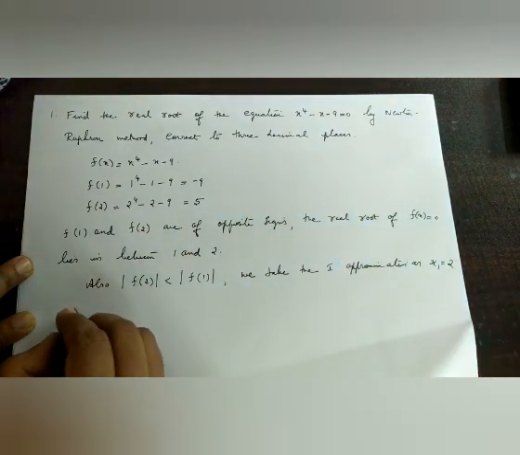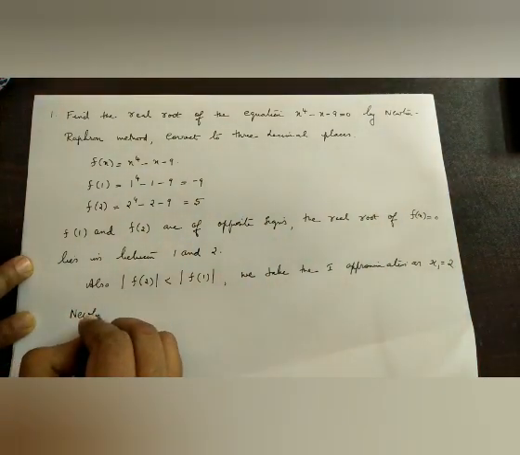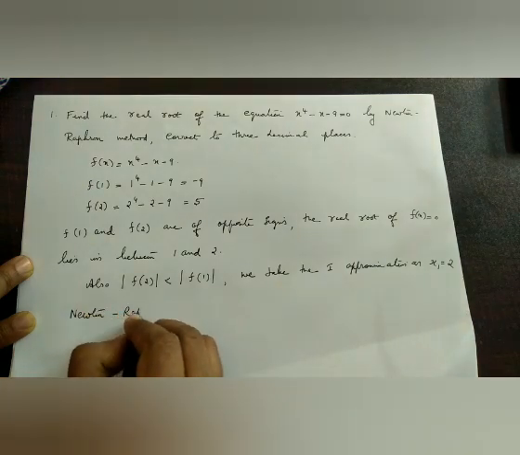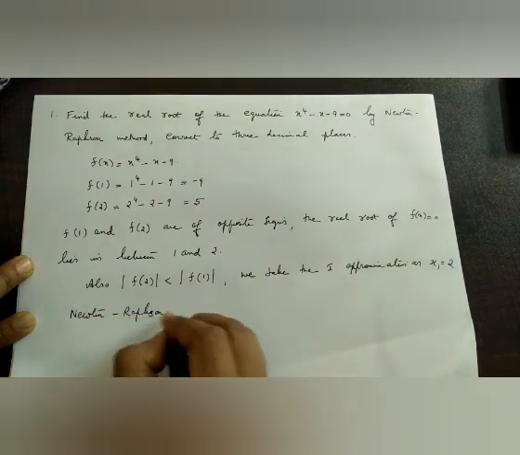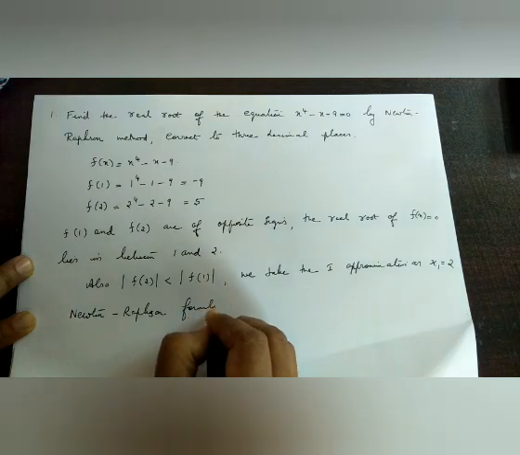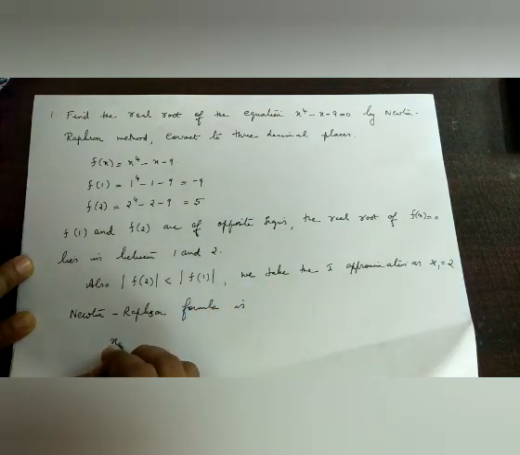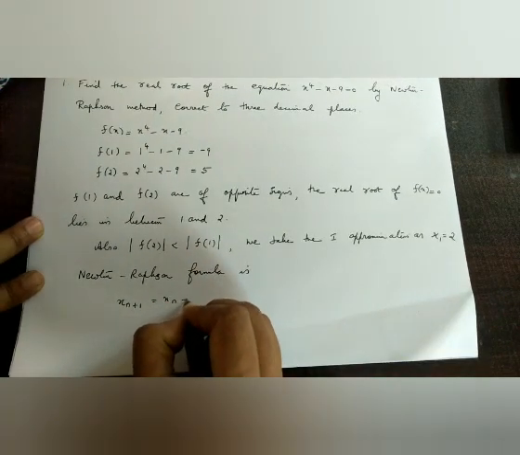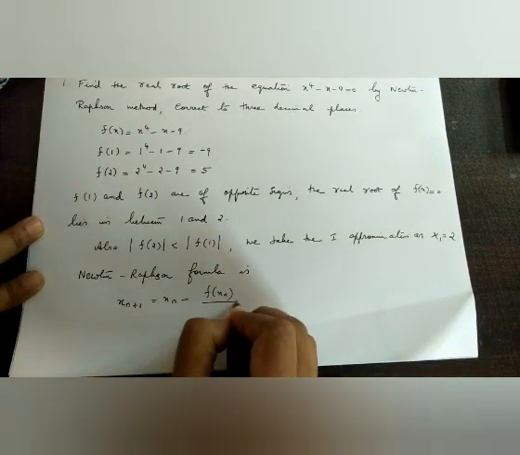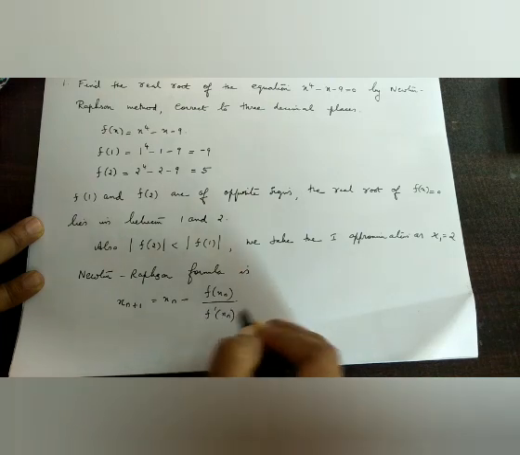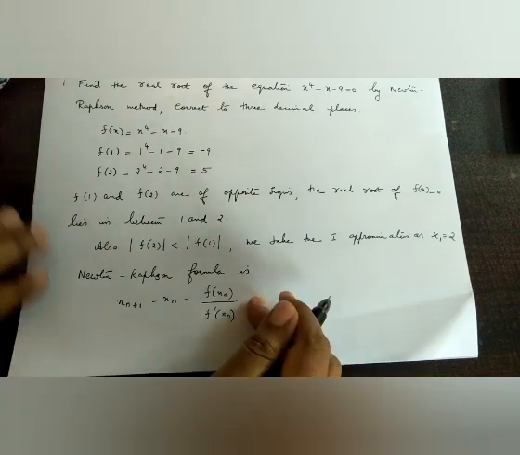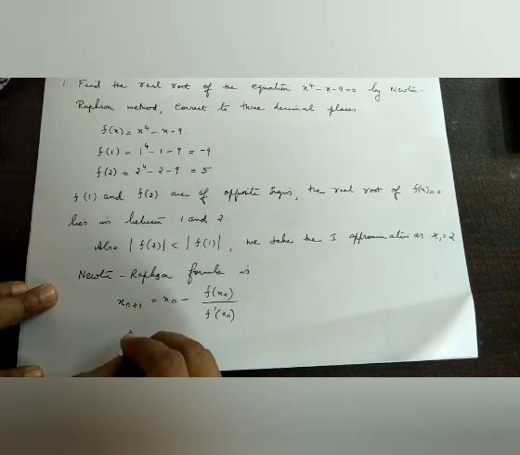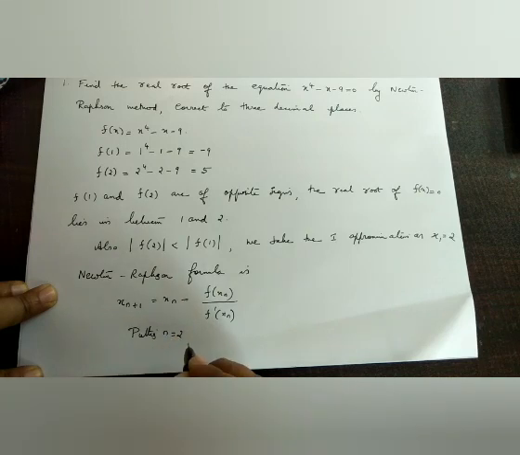Now we can use the Newton-Raphson formula. By using it, we have x_{n+1} = x_n - f(x_n) / f'(x_n). By using this formula, we can find the second approximation by putting n = 1.